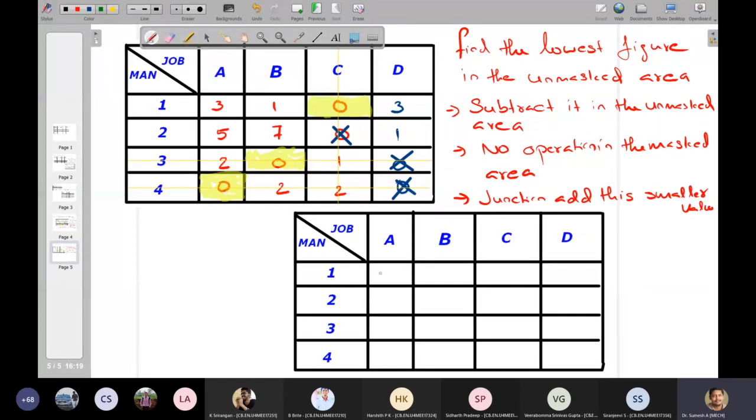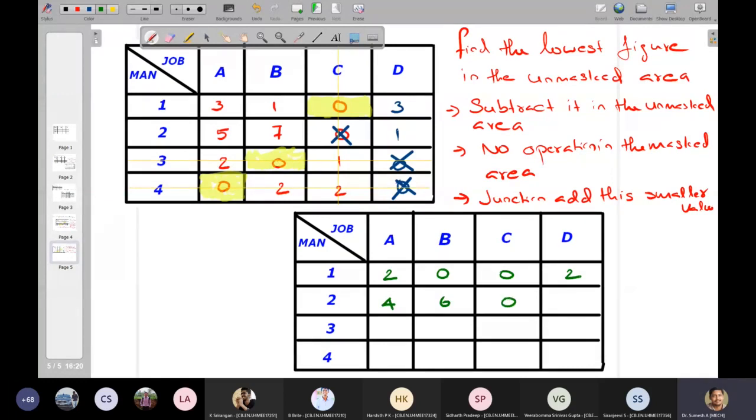See what happens? C, no change, 0, and d becomes 2. Similarly 5 becomes 4, 7 reduces to 6, 0 remains as it is, 1 is turned into 0.